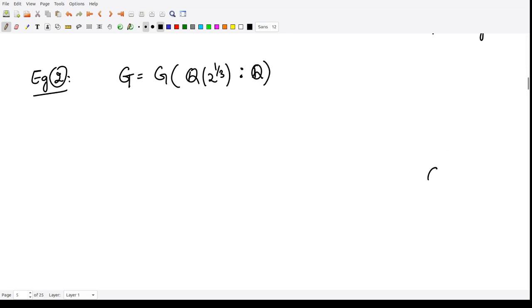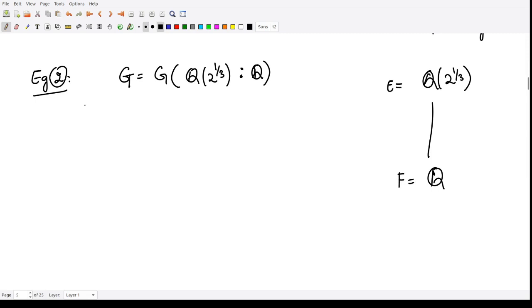So that means we have the lower field as the field of rational numbers, and we have the higher field as this field of rational numbers where 2 to the power 1 by 3 has been adjoined to it. So this is given to us. So that means this is our F and this is our extension field E.